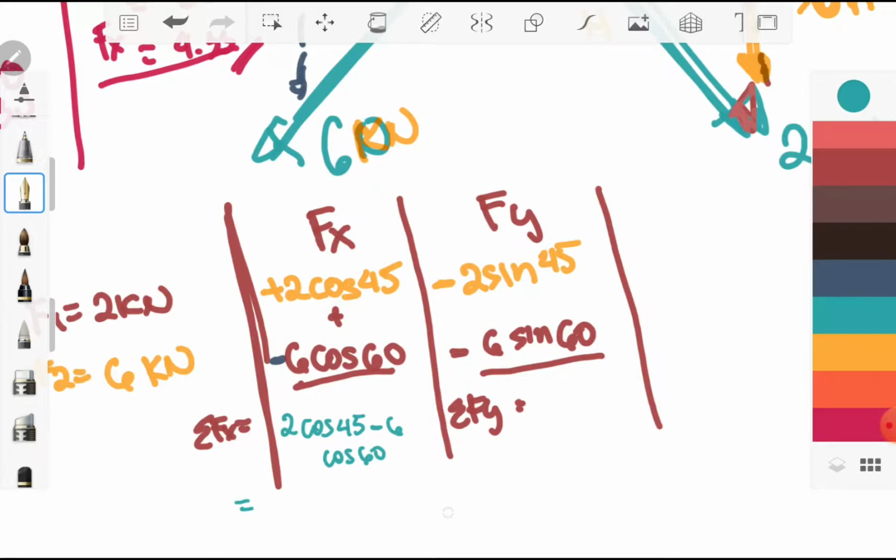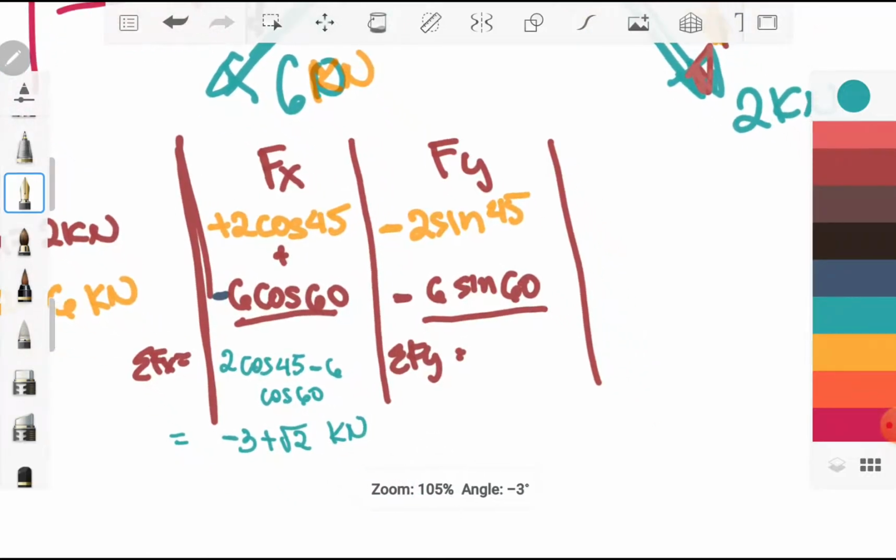You have the value of your summation of Fx equal to negative 3 plus square root of 2 kilonewton, or approximately negative 1.5857 kilonewton. Okay.